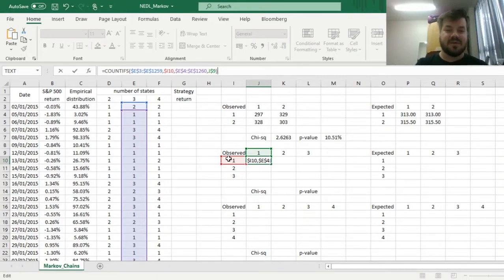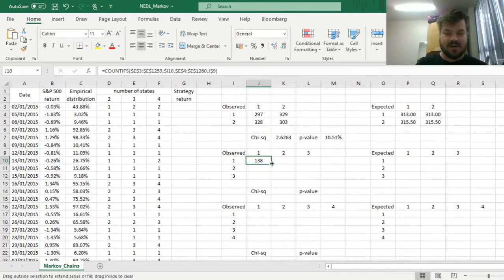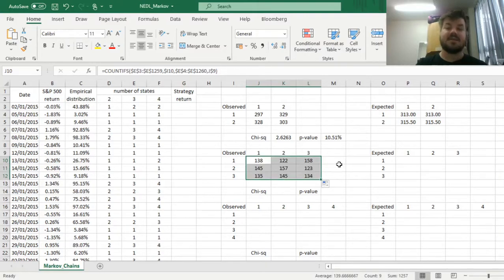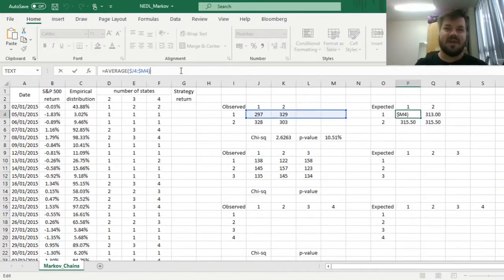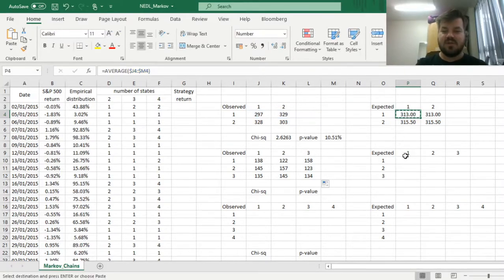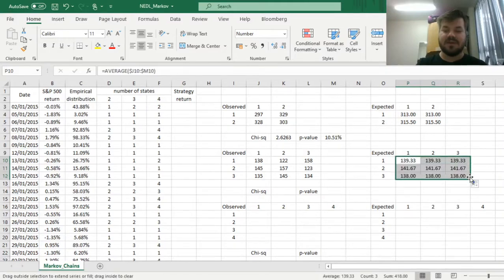And we can enforce this formula again, drag it across and down, and get our observed occurrences of transitions from one state into the other. And here, given how smartly we applied this average formula, we can just copy this formula across without tweaking anything and drag it throughout the whole table.